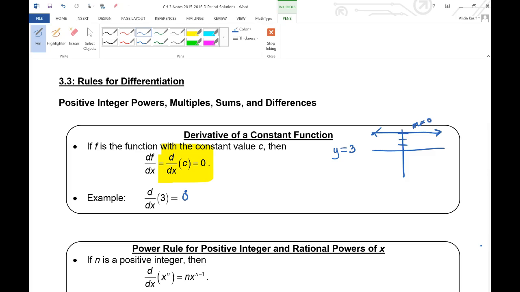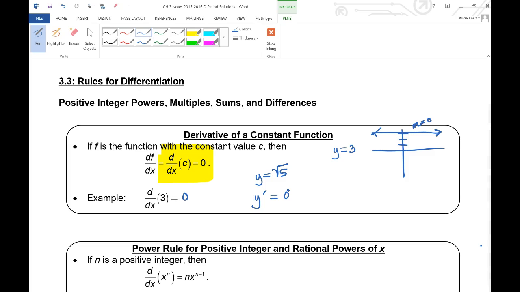It's kind of like this. If I said y equals square root of 5, square root of 5 is a constant. So what's y prime, or the derivative of square root of 5? That's 0. Sometimes I'll give you a y equals or an f of x equals, and then I'll say find y prime or find f prime.